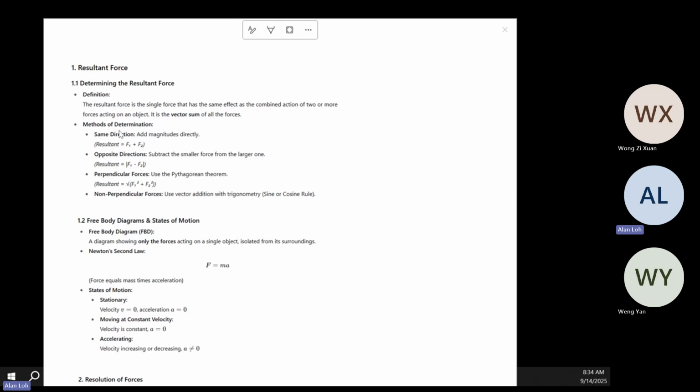Then the second one, the method of determination. Same directions, add magnitude directly. Opposite directions, subtract smaller force from the larger one. Perpendicular forces, use Pythagorean theorem.